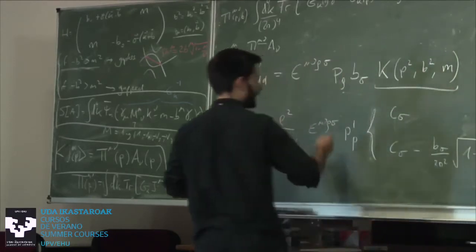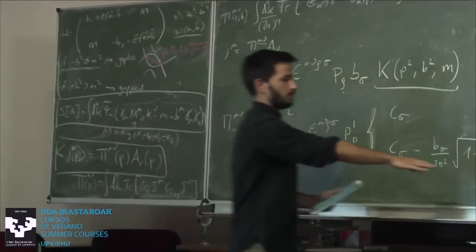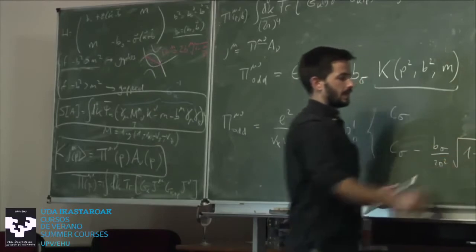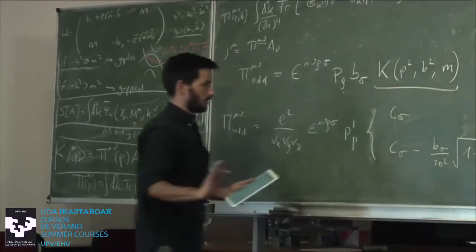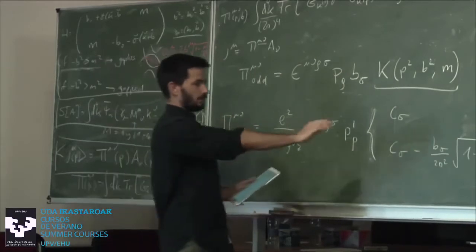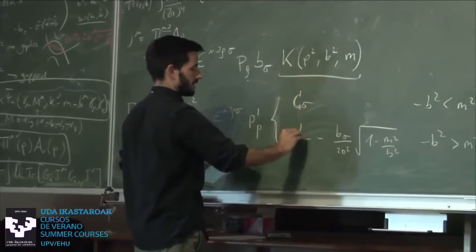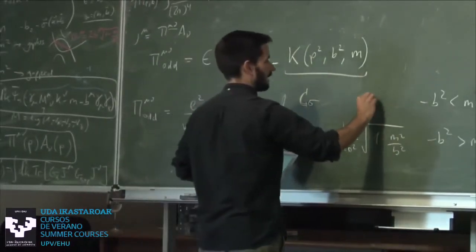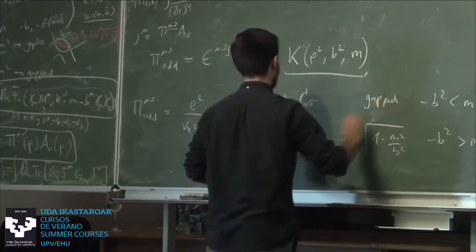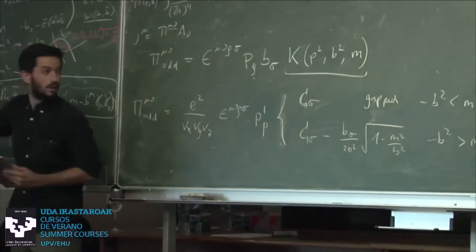So other people had calculated this to linear order, or to all orders but assuming some condition between B and M, but he did it for all cases. And he found the following result. He found a constant that is regularization dependent when we're in the gapped phase. So remember that when this condition was true, I hope I wrote it right.